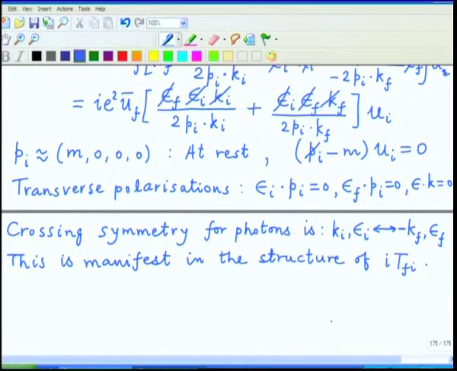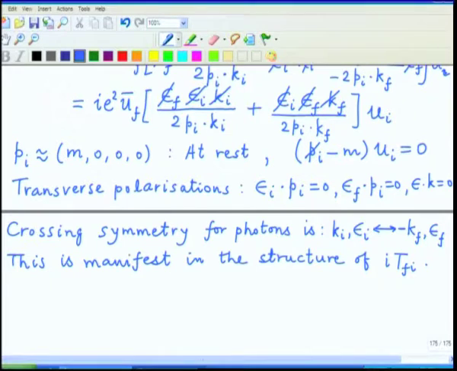So, that is as much as one can do in terms of calculating this matrix element.